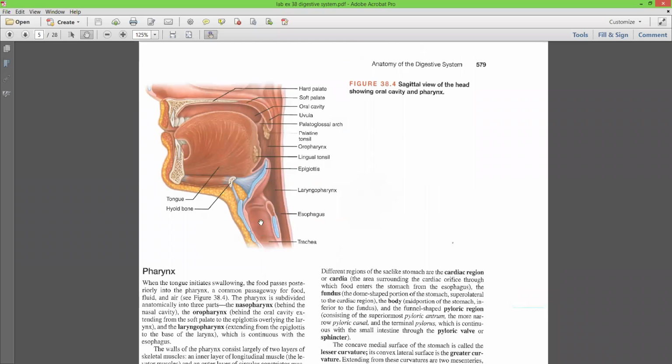Okay, so posterior to the trachea, looking anterior to posterior here, the first pipe you come to is the trachea, and the second one you come to is the esophagus. That's your food tube.